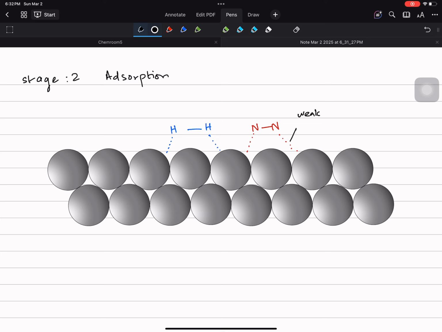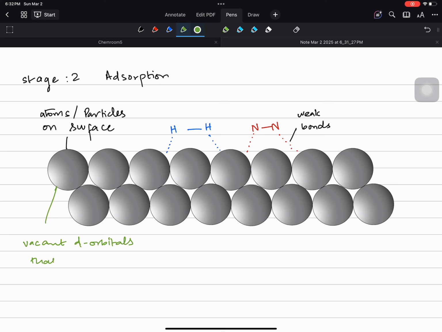These particles on the surface will have vacant d orbitals, and these weak bonds are made with the d orbitals, but I'm not going to show the d orbitals. These atoms had vacant d orbitals, so I'm writing this again. I really want you to memorize this statement, which is why I am talking about it again and again. The whole idea of being energetically accessible is also important.